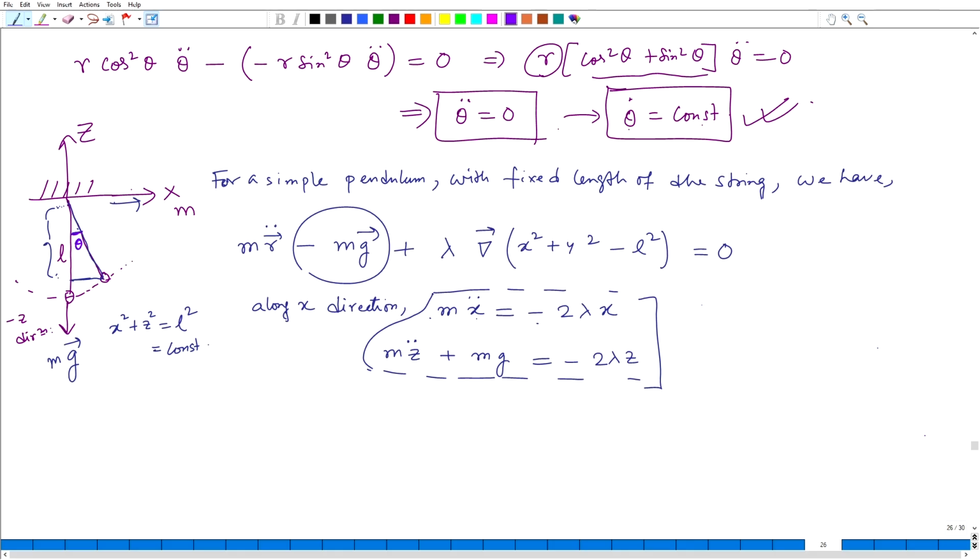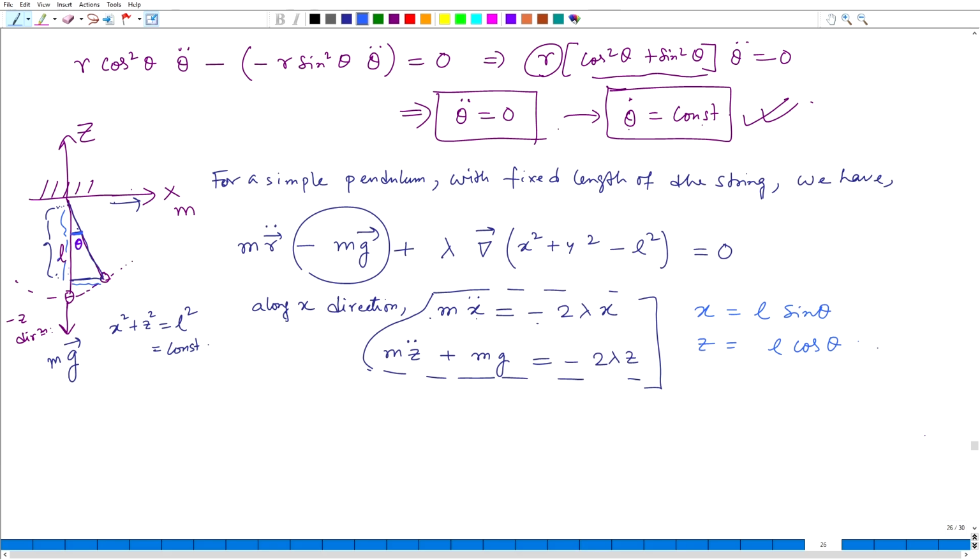So, x can be given by L sin theta, and z is given by L cos theta, because if this is L and this is the angle theta, then this is L sin theta and this is L cos theta.